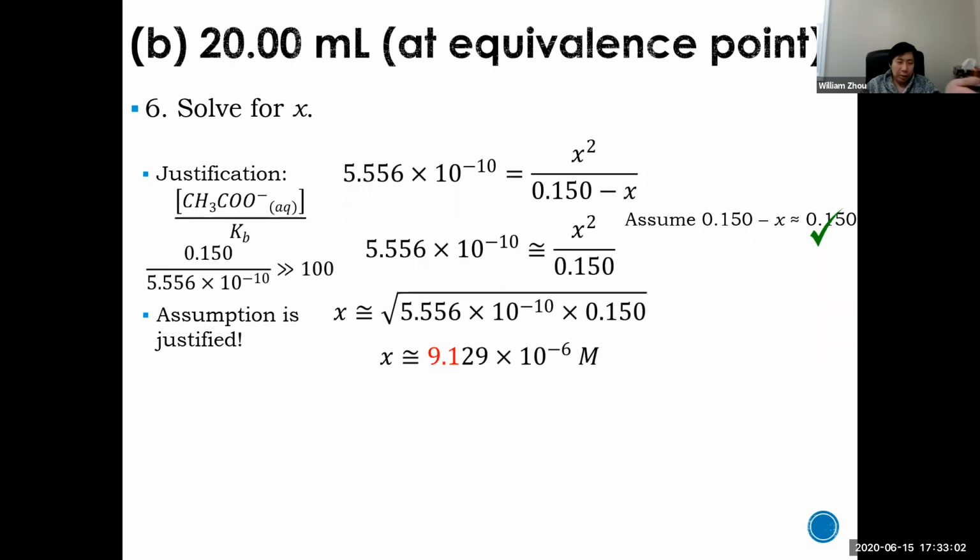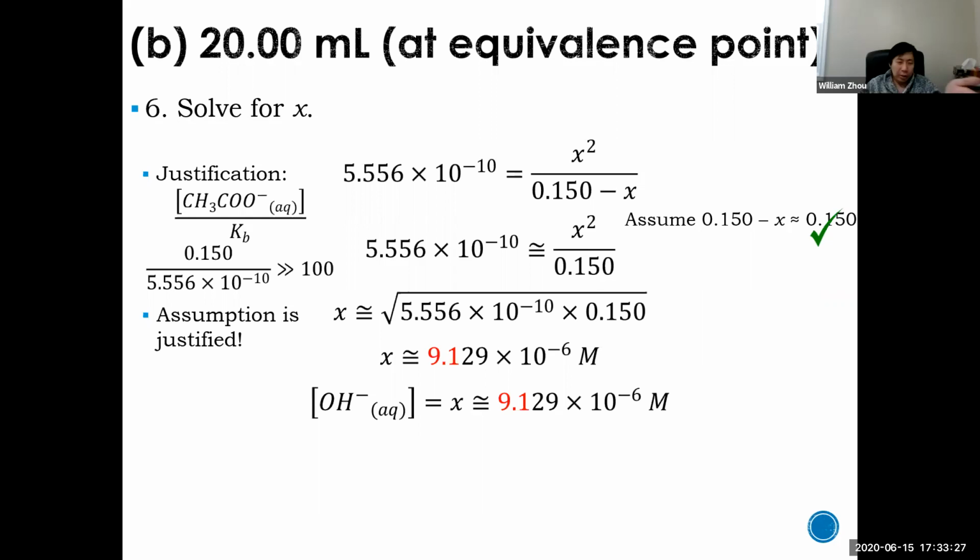What is x? According to your ICE table, x is the amount of hydroxide. So you've solved for the concentration of hydroxide at equilibrium after you mix them together, after hydrolysis. Okay, this is the final thing that we want.